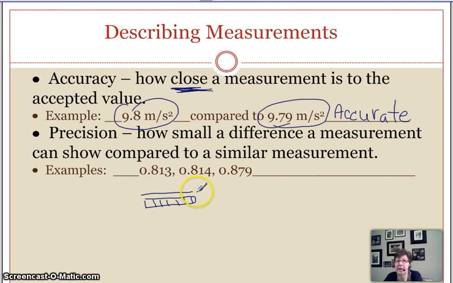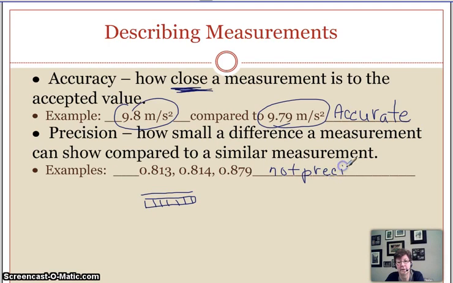So you wanted to double check your measurements, and you did it again, and you got 0.814. And you're like, well, they're pretty close. Let's try it one more time. And this time, for whatever reason, you got 0.879. Well, those 3 measurements are really not that close to each other. And so we would say this was not a precise set of measurements, because they aren't really close to each other.